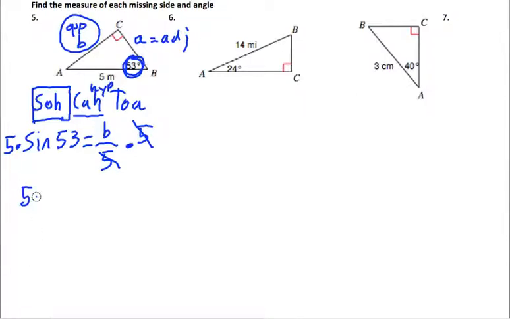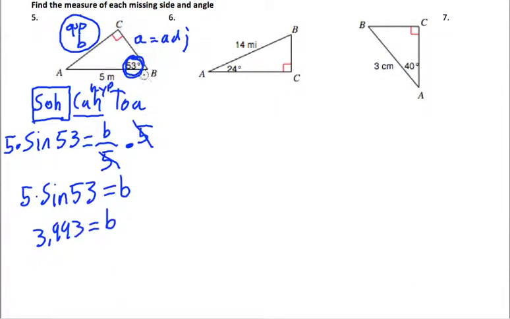So 5 times sine 53 is our b value. We make sure our calculator is set to degrees and work that out, and what we get is 3.993 as our b value. So we found our missing side, it's 3.993.